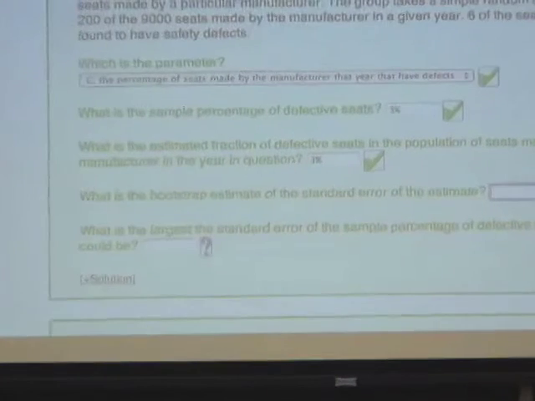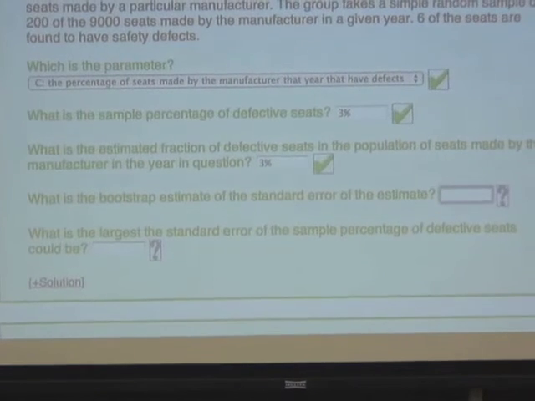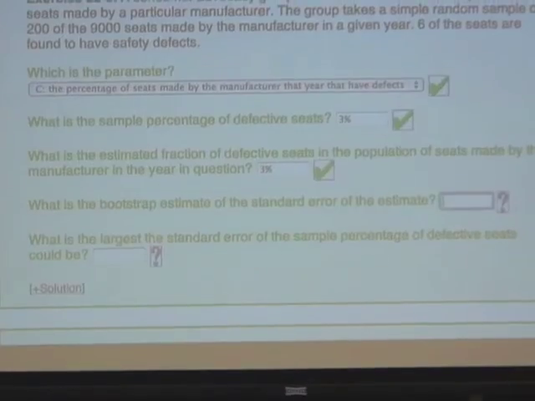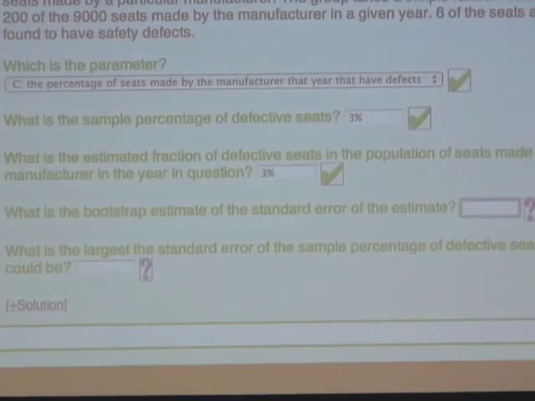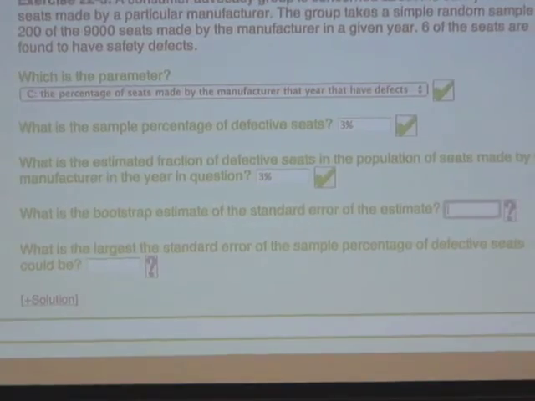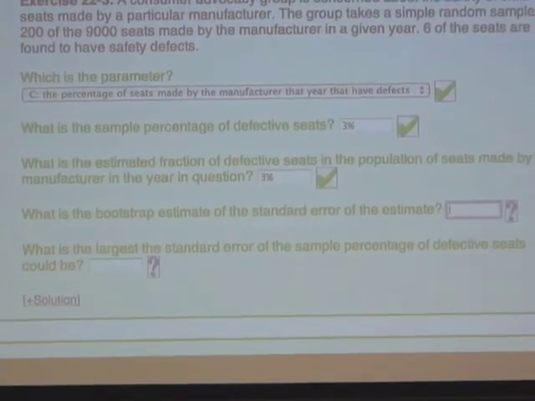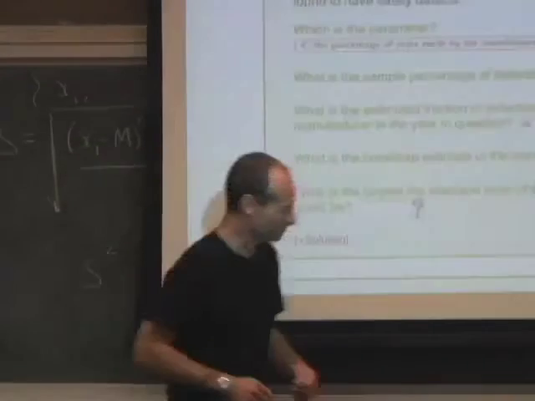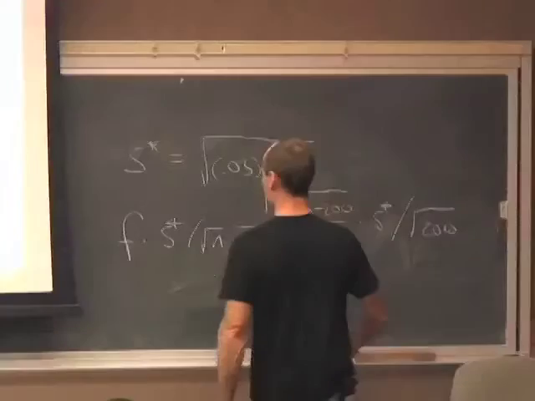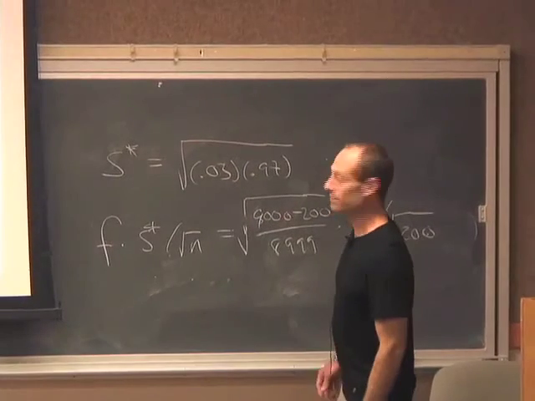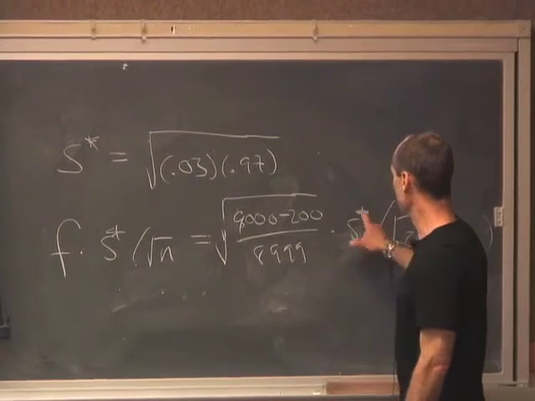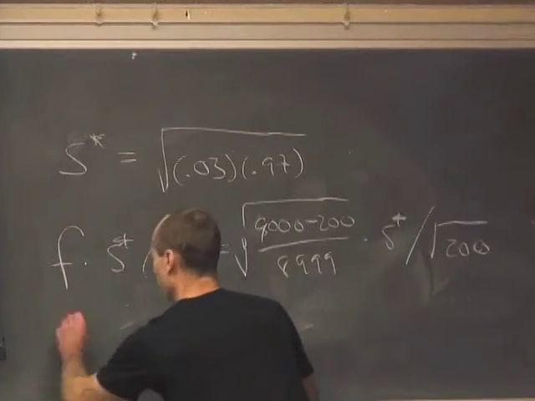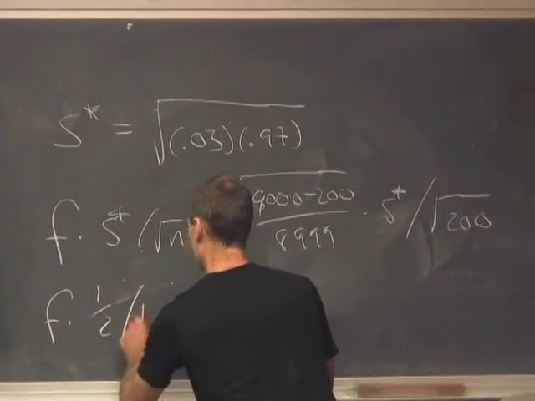And what's the largest that the standard error of the sample percentage of defective seats could be? The largest the standard error could be for the sample percentage for this sample in this story. So we would just substitute. The upper bound would be F times a half over root n.